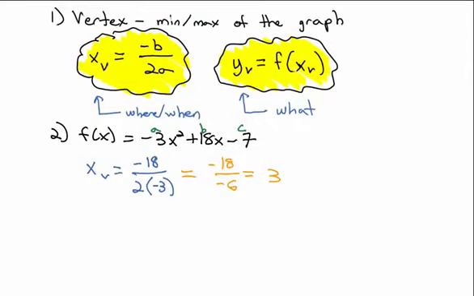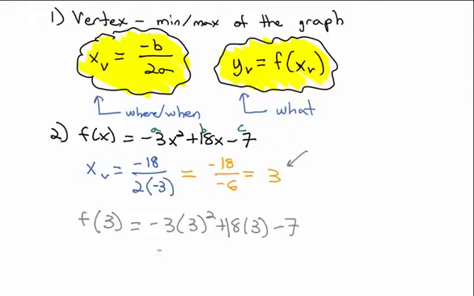That's the where. The when. What is this maximum value? We plug that value that we just found, 3, into the function to find f of 3. So negative 3 times 3 squared plus 18 times 3 minus 7. And then it's just order of operations. 3 squared is 9, plus 18 times 3 minus 7.